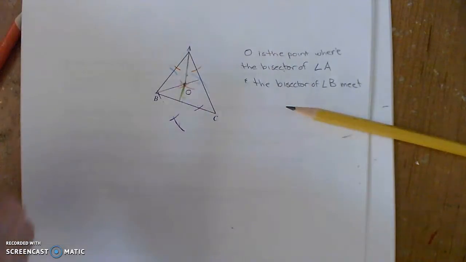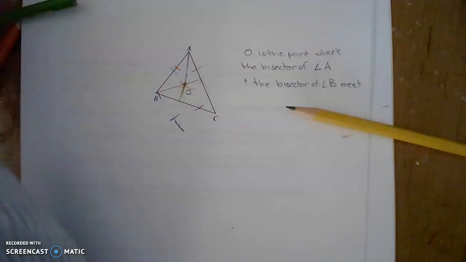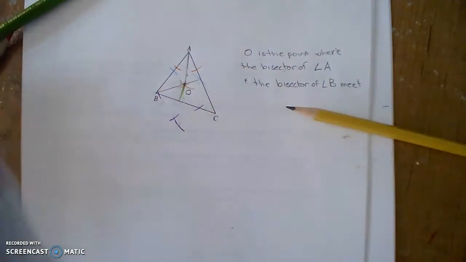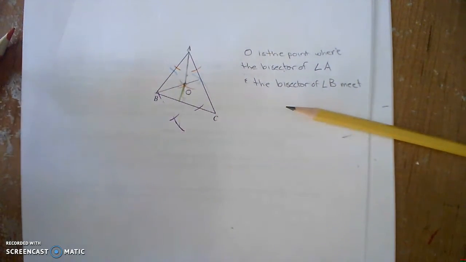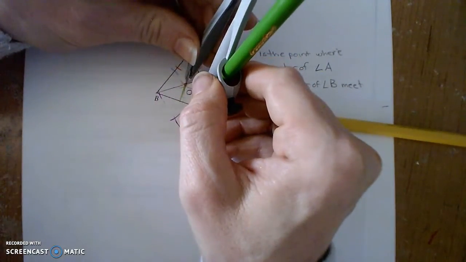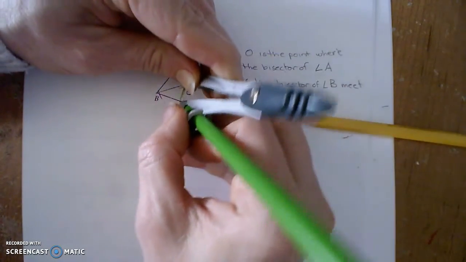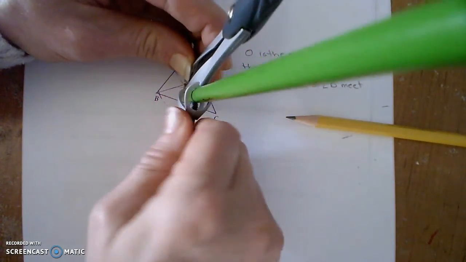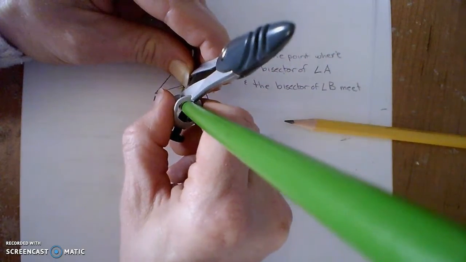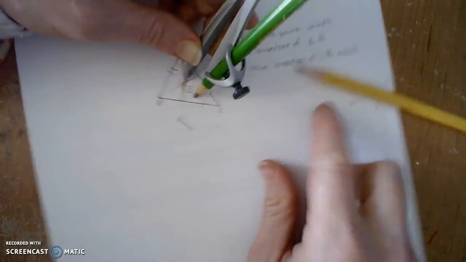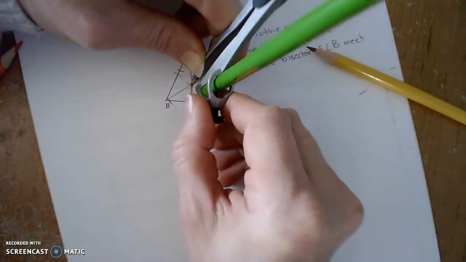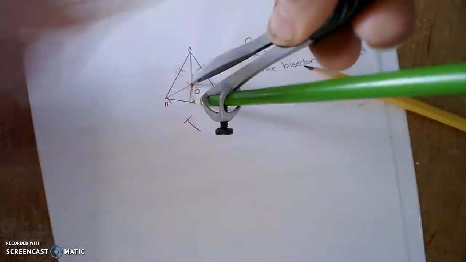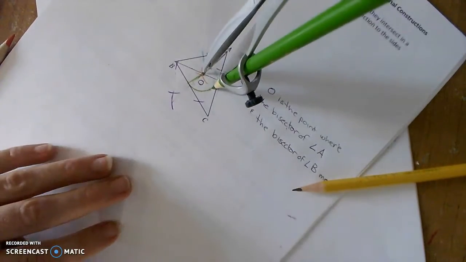Let's go ahead and draw in that circle. I'll use this green color. So setting my compass at the center and the length to the distance that I just created by constructing the perpendicular segment, I will draw the circle.